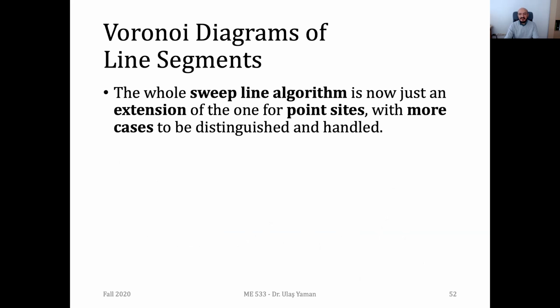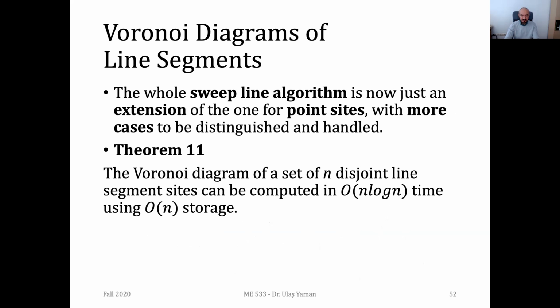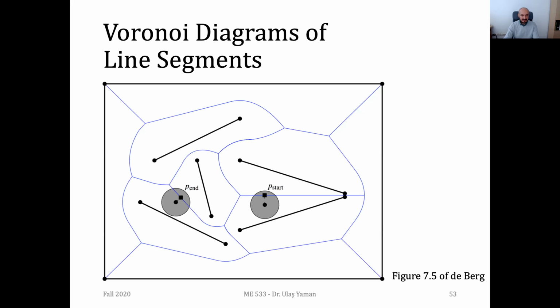The thing is that we have more cases and they should be handled properly. So we will have some extra sub-functions in the drawing of Voronoi diagrams for line segments. But since the main approach is the same, the time complexity is again similar to the time complexity of the original Voronoi diagrams.